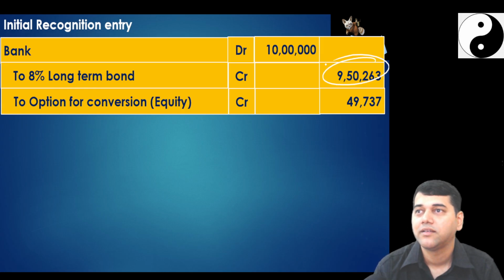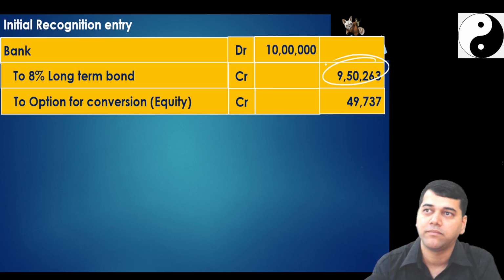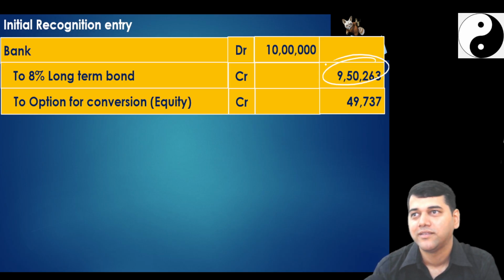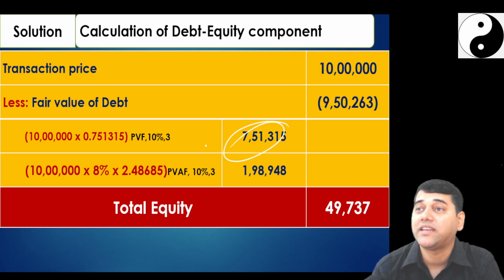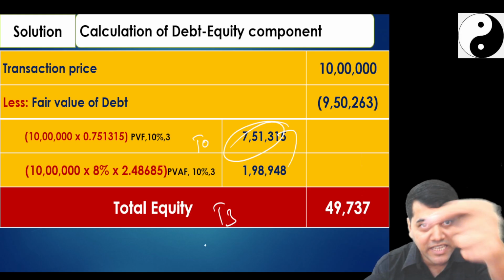Interest you have been paying from time to time. Yeah, obviously. 7,51,000 at time 0. When it is time 3, what is this 7,51,000 going to become? Have you repaid any component in between?